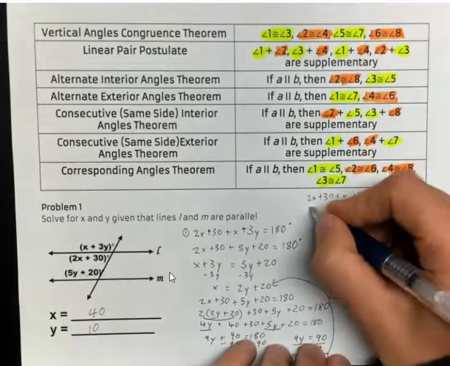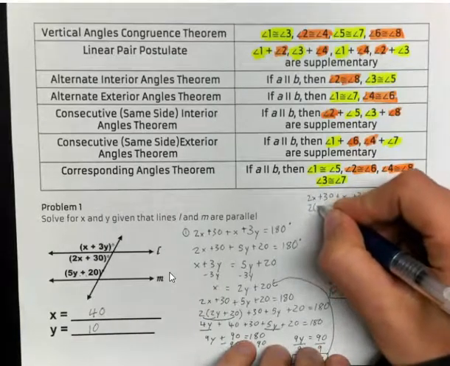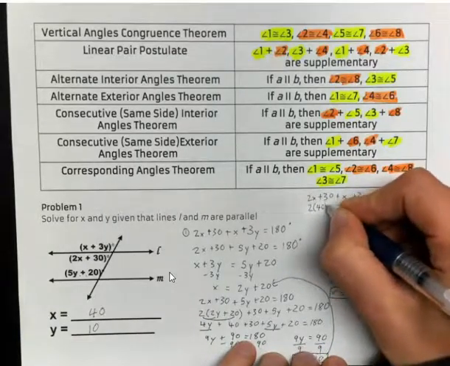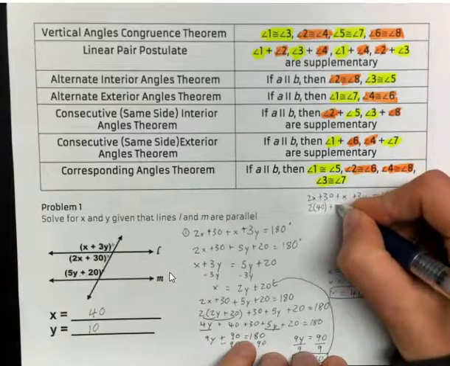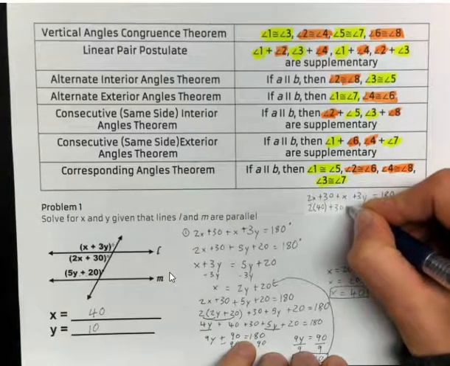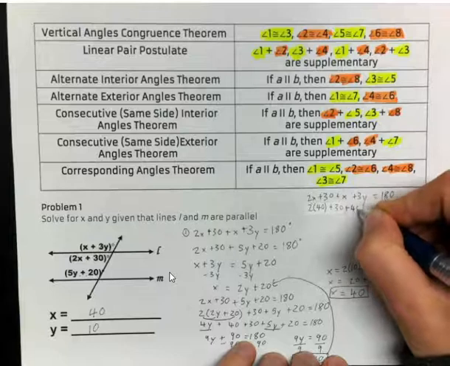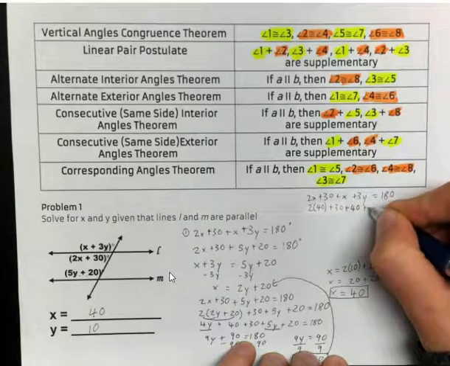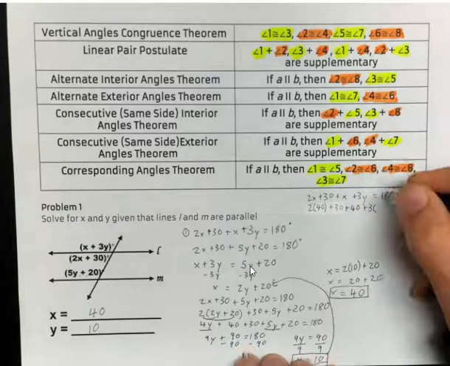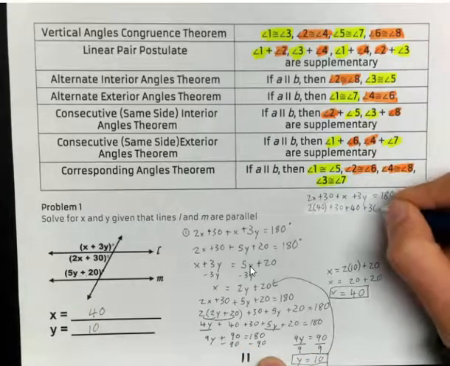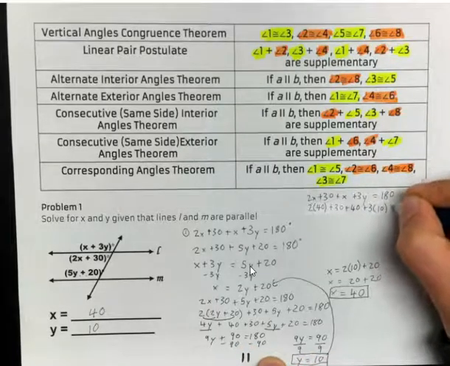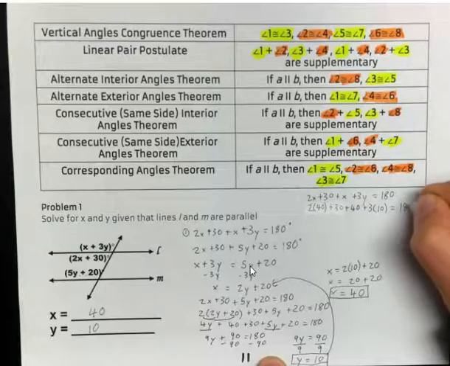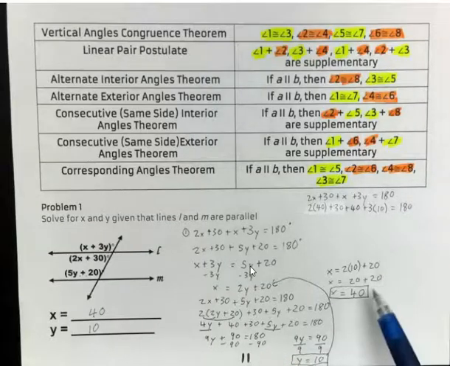So that means I have 2 times 40 plus 30 plus 40 plus 3 times 10, and what equals 180. What I did right there is I just took my x and my y values and I plugged them in here where they go.